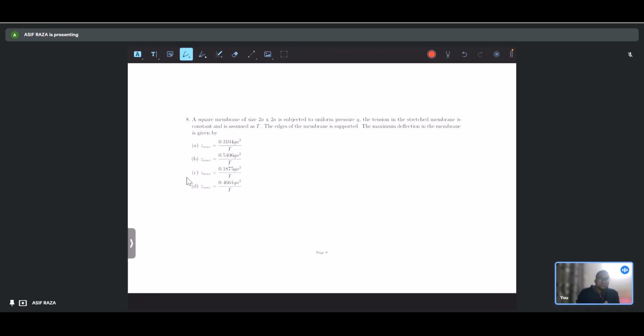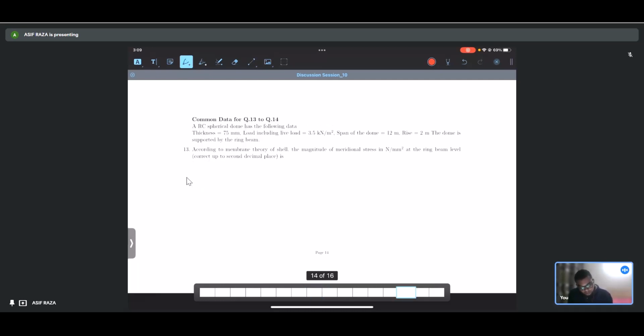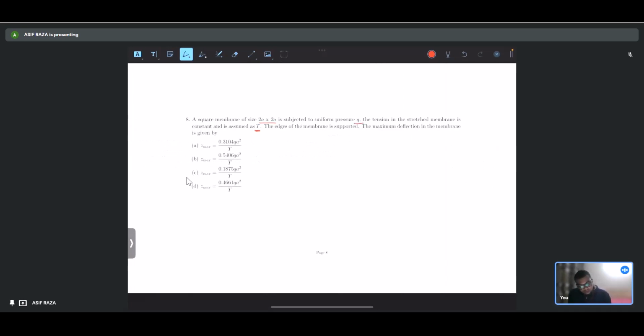Now next question. We are given a square membrane of size 2a by 2a which is subjected to uniform pressure Q. The tension in the stretched membrane is constant and assumed as 3. The edges of the membrane are supported. The maximum deflection in the membrane is given by.